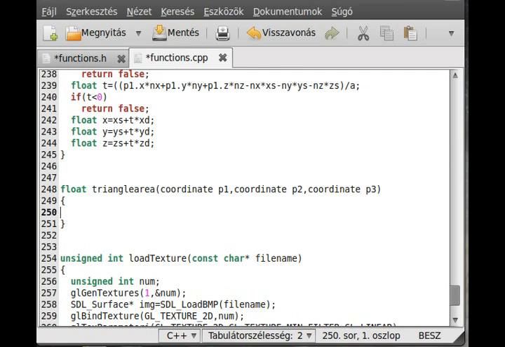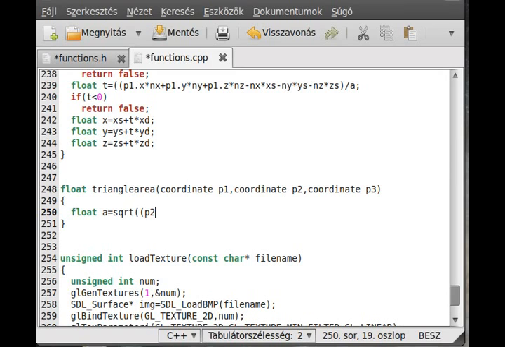Okay, so we use the Heron formula to calculate the area, but first we need to calculate the length between the 2 points. So we use the Pythagoras theorem for that again. So float a, and the length of a will be sqrt, the square root. First I need to create a vector, and I create the vector by subtracting the start point from the end point.